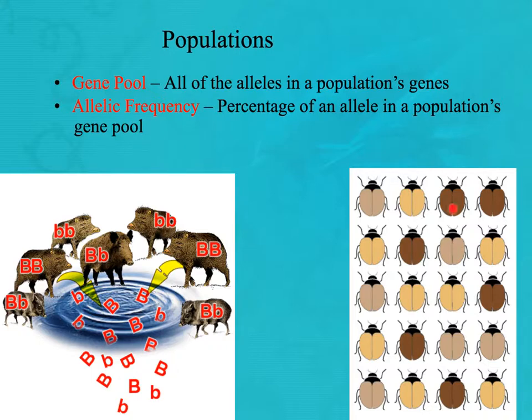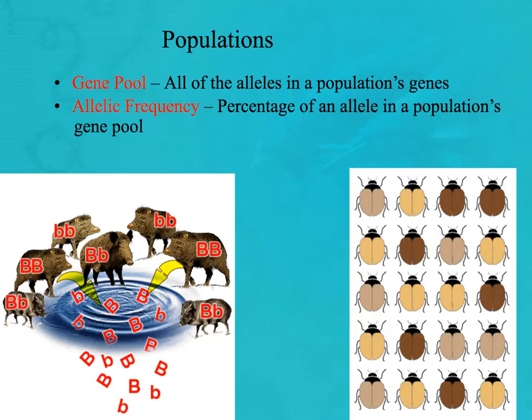Each of these would have 2 capital B's, and each of these ones would have 1 capital B because they're capital B lowercase b. Oh, I'm sorry, these ones, this one, this one. These are the ones that would be capital B lowercase b. These ones would be lowercase b, so each of those we get 2 lowercase b's, and each of these ones would have 1 lowercase b.